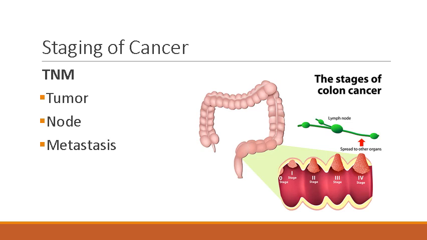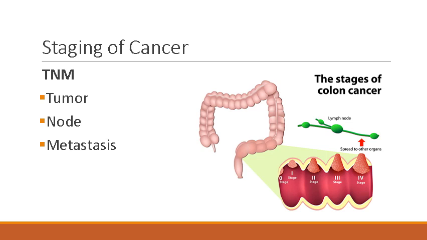When we talk about staging, we talk about TNM, tumor node metastasis. So T meaning that the cancer is still in just an enclosed tumor form that hasn't traveled anywhere else. Node means that that cancer has now spread into the lymph system or a lymph node, and metastasis we talked about meaning it's gone to another organ system in the body.